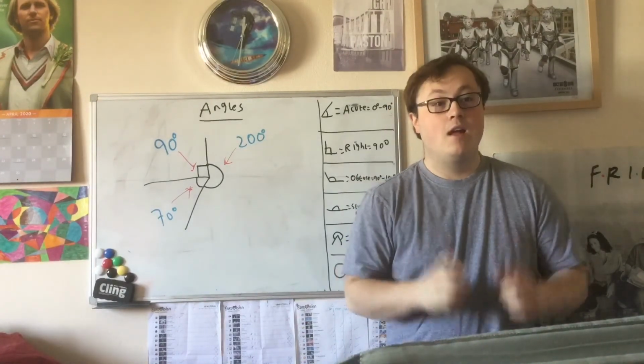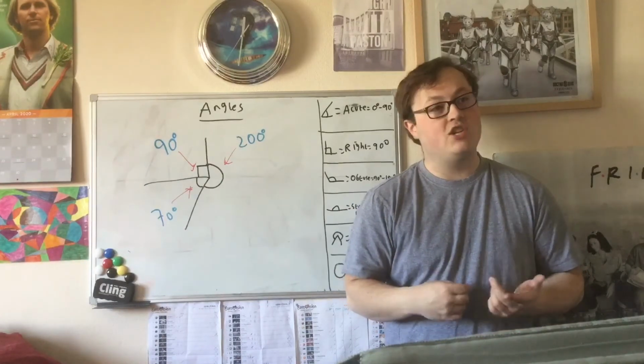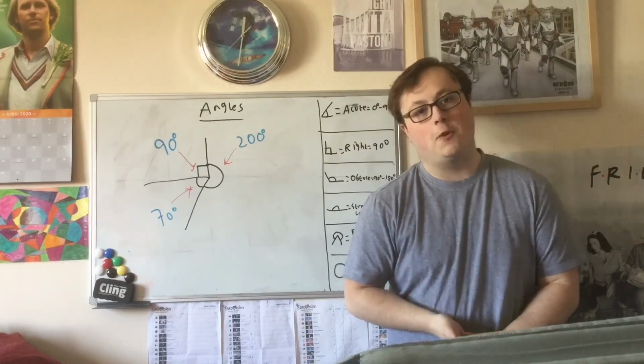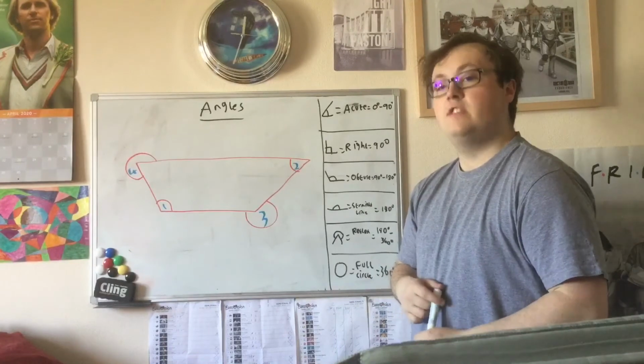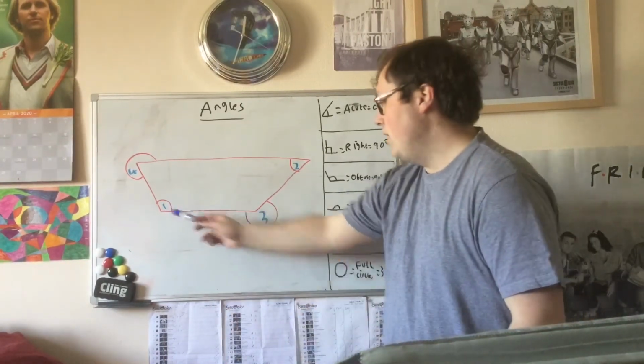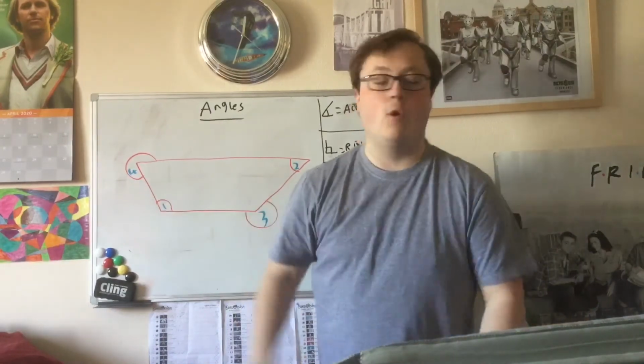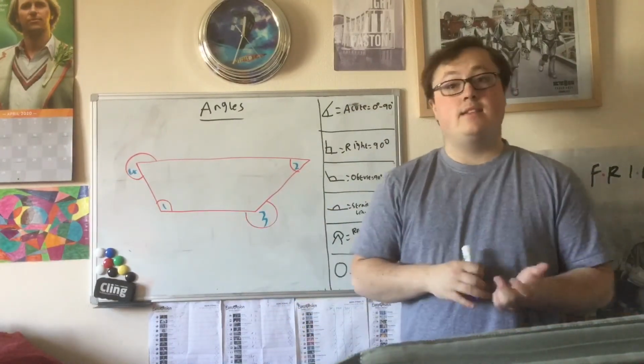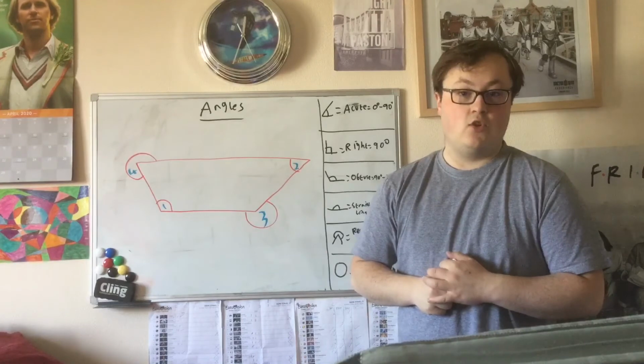Now that we've done a few estimates and predictions, here is a challenge for you. Now this is your challenge for tonight. I have a shape. I've labelled 4 angles. 1, 2, 3, 4. I want you to estimate the size of each of these angles.